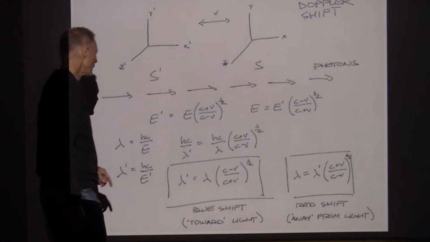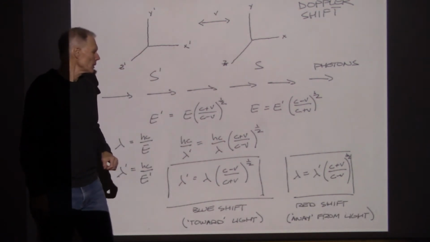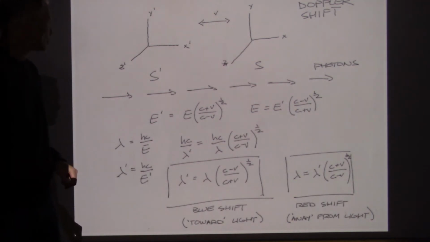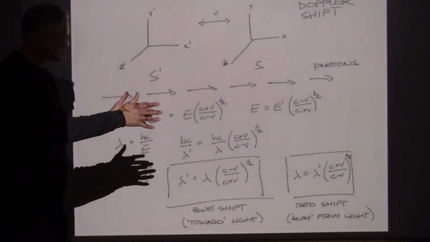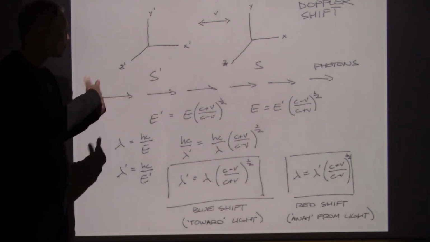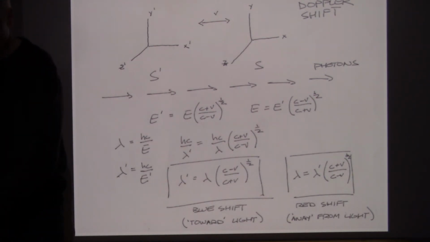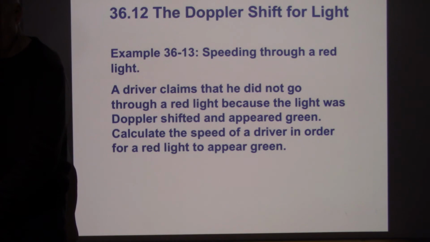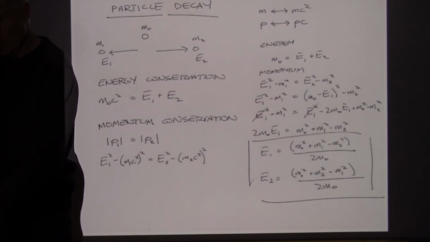So we could go with the wavelength formulas that we have here and here: the red shift and the blue shift. Blue shift is if we move towards the light, the photons in our new reference frame now have more energy, and if we're moving away from them, the photons will have less. Okay, so this last example, I hope, we've got one more item here.